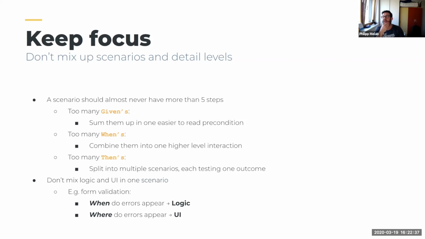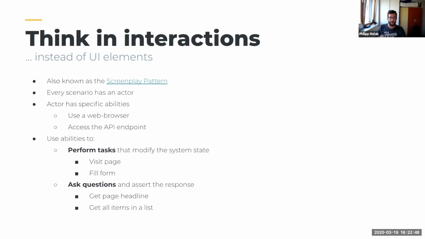And how can we try to, or what could help us to enforce all these rules? We have to switch our thinking from these UI elements that we have been thrown at to interactions.